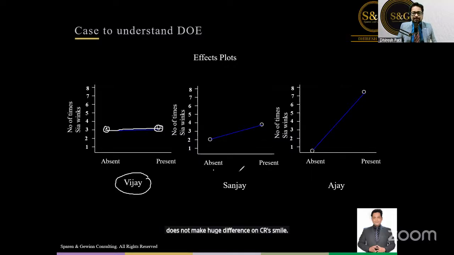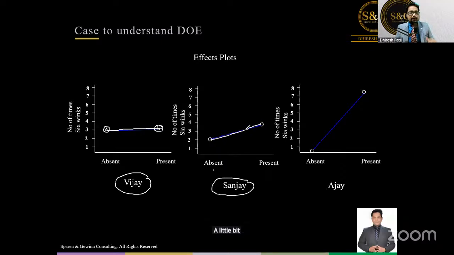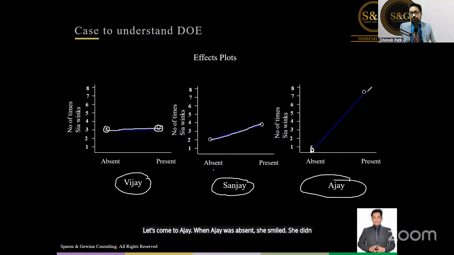Alright, let's come to Sanjay. When Sanjay was absent, she smiled 2 times. When Sanjay was present, she smiled 4 times. So there is a little bit of a positive slope here. Let's come to Ajay. When Ajay was absent, she didn't smile actually.